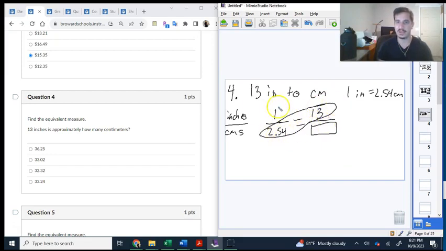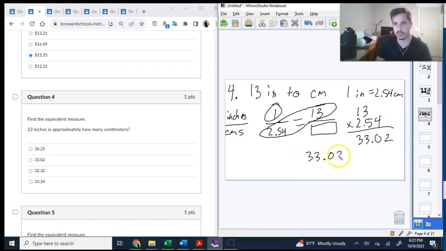I get my bat, I get my ball. So really what I'm going to do is 13 times 2.54. I get 33.02. And then I'm going to divide that by 1. Divided by 1 equals 33.02.